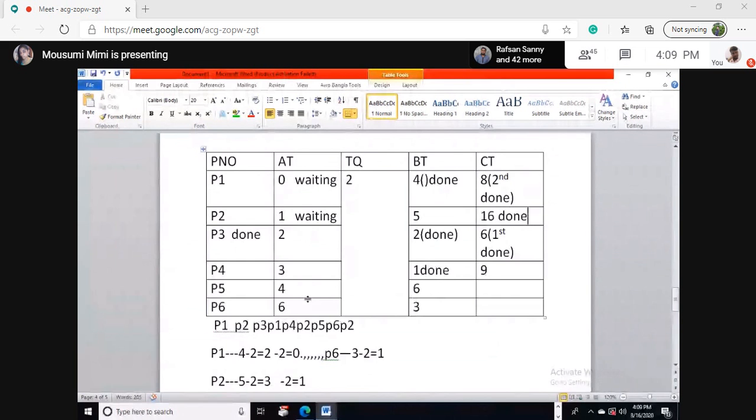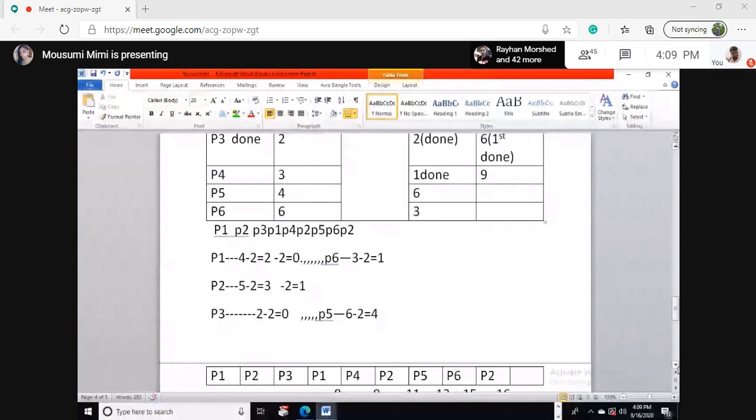Now between process 5 and process 6, the burst time is smaller for process 6.